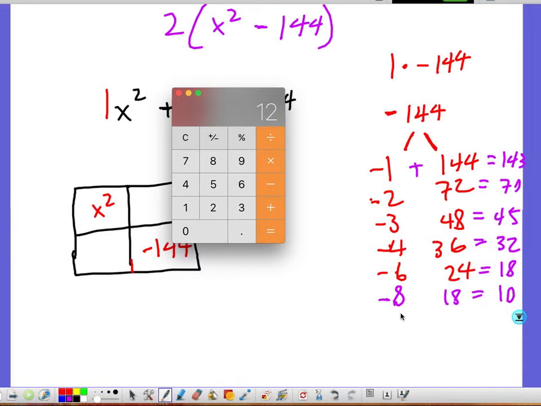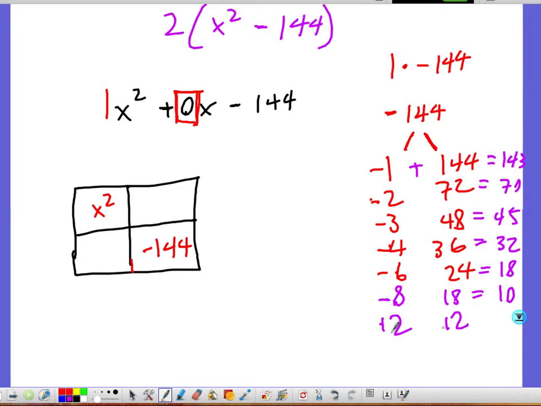Take a look at that. 12 times 12 gives me 144. Let's make one of those negative. So negative 12 times 12 gives me negative 144, and when I add them together, they give me 0, which is exactly what I'm looking for.